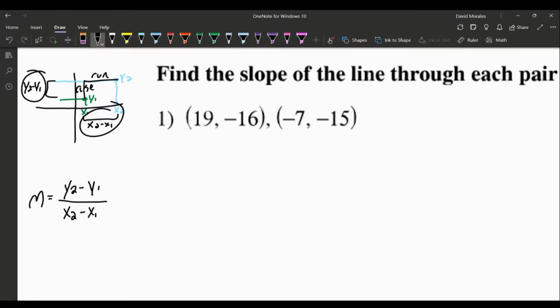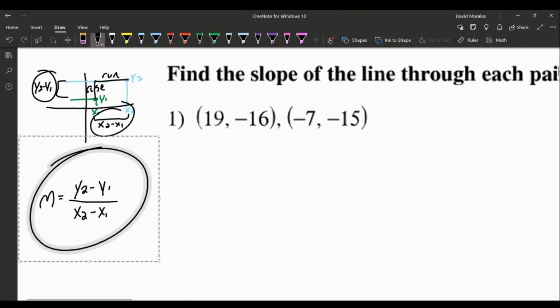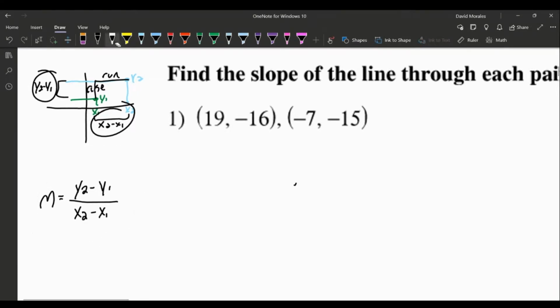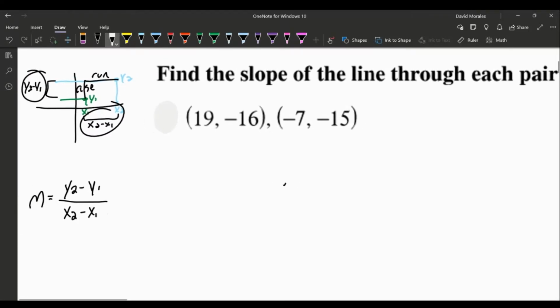Okay, so that's the thing about this particular equation. But how you use it, let's actually talk about that. So label your points. Okay, label your points.